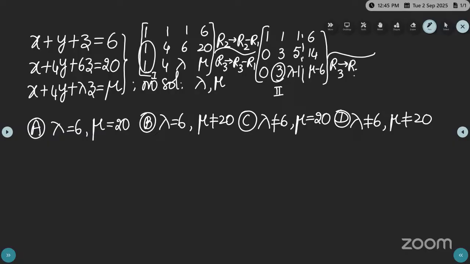R3 minus... What are you getting? 1, 1, 1, 6; 0, 3, 5; 0, 0, lambda minus 6, mu minus 20.